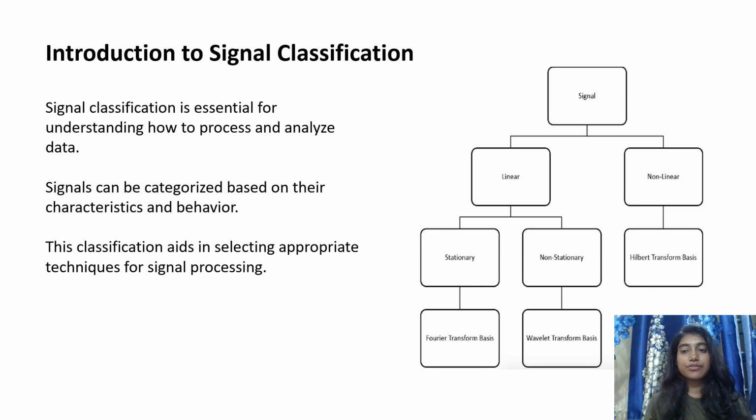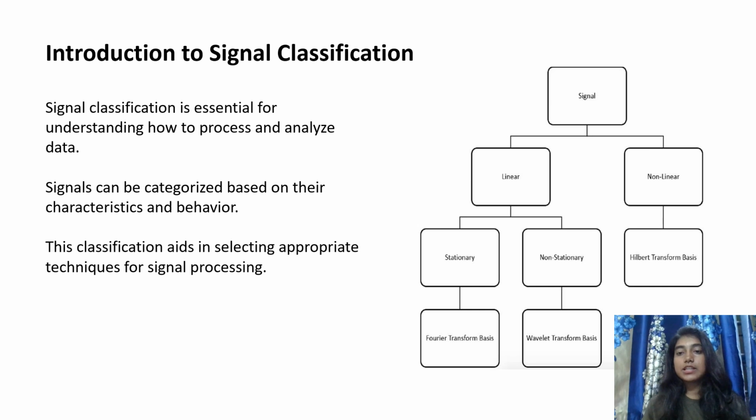Introduction to signal classification. Signal classification is essential for understanding how to process and analyze data. Signals can be categorized based on their characteristics and behavior. This classification aids in selecting appropriate techniques for signal processing.